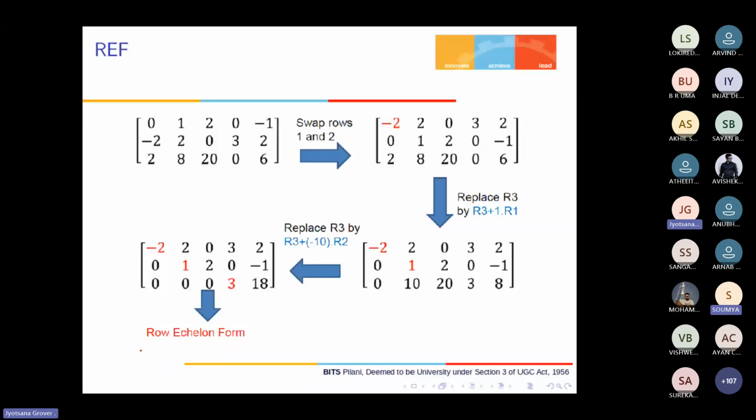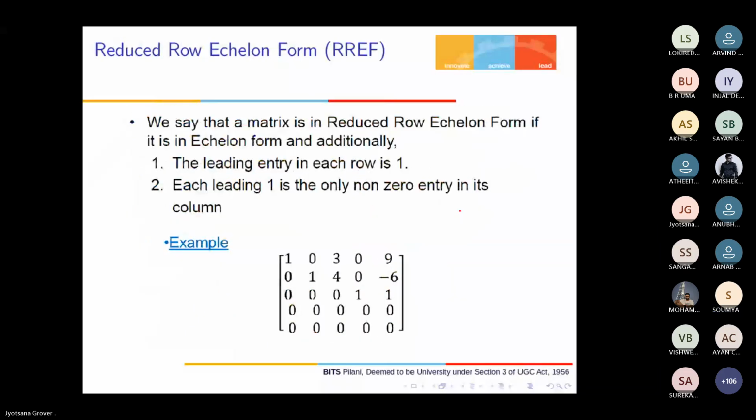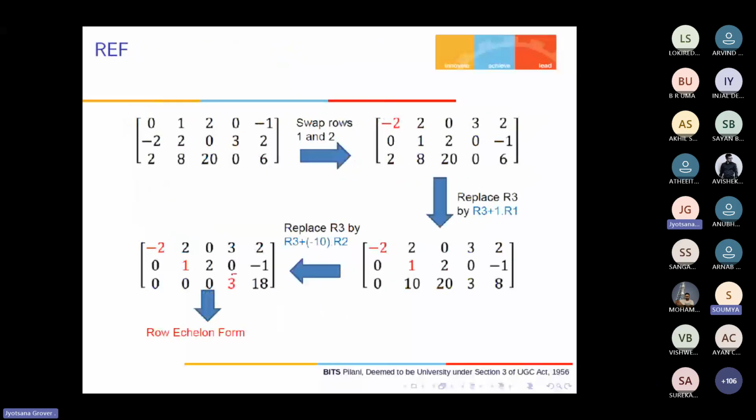Not required. But ma'am, how is the last condition met? There were conditions, no? That all entries in a column below a leading entry are zeros. Okay, I think it is applicable only if there is a row. There is no data, right? So it should be fine.